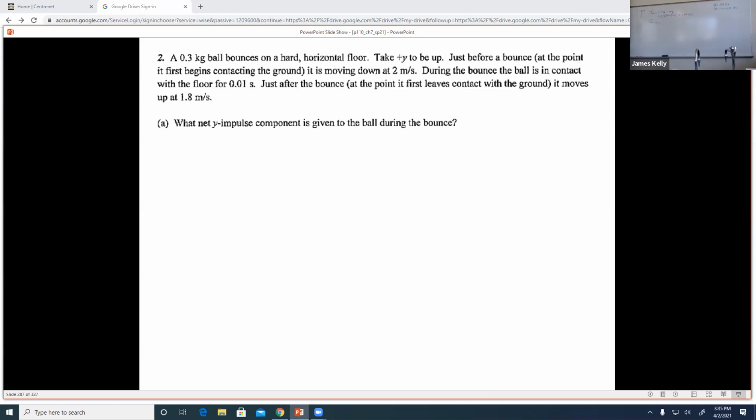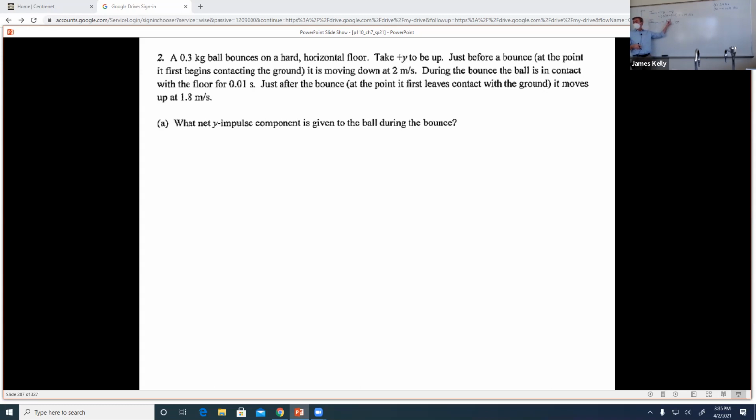The y component of the impulse from gravity delivered to the ball is, by definition, equal to the average gravitational y force times delta T. That's the definition of what impulse is. It was the area under the F versus T curve, which is the average. Oh, and I should put an average bar over this. Now, for gravity, we don't really have to take an average because it's the same force.